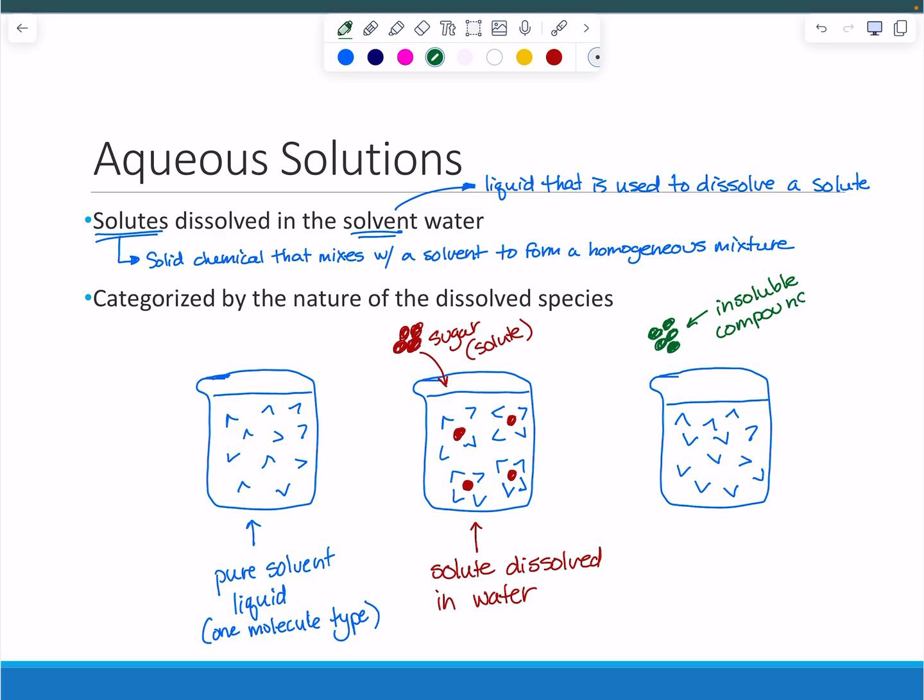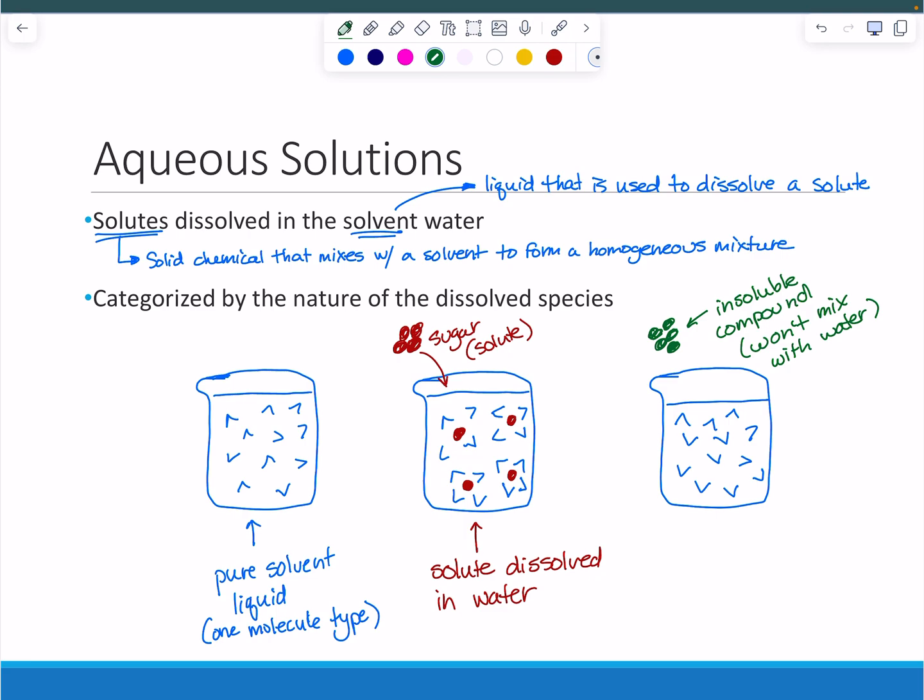So this is one that won't mix with water. We're talking aqueous solutions here, but I could have something like oil be a solvent for something that's nonpolar.